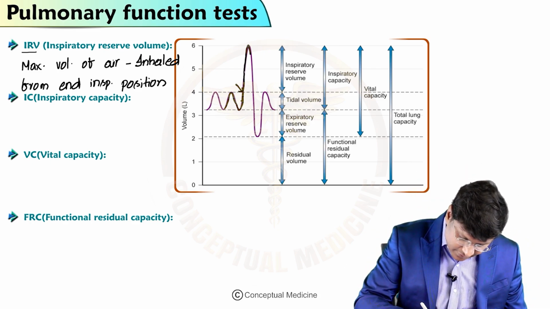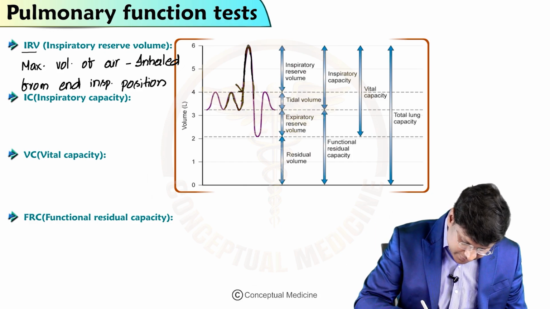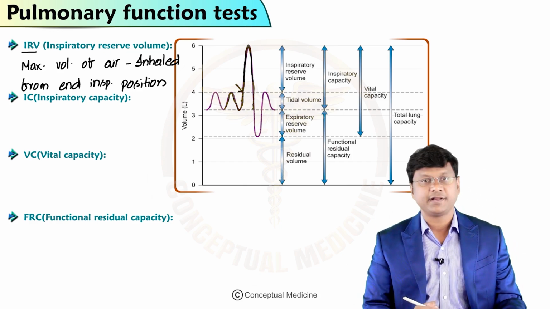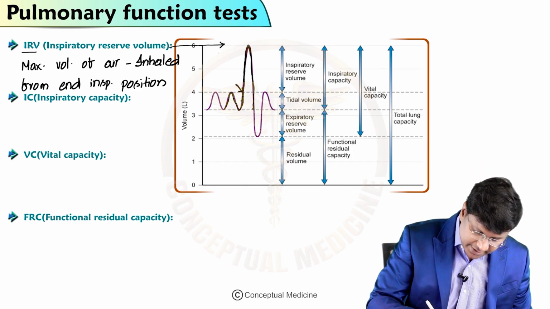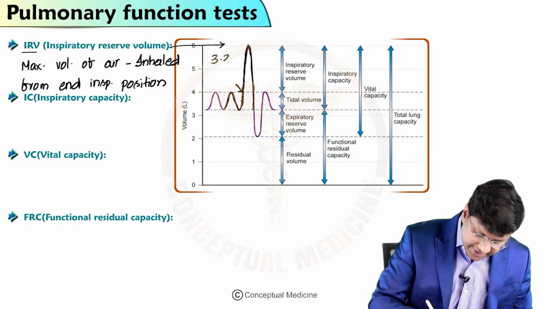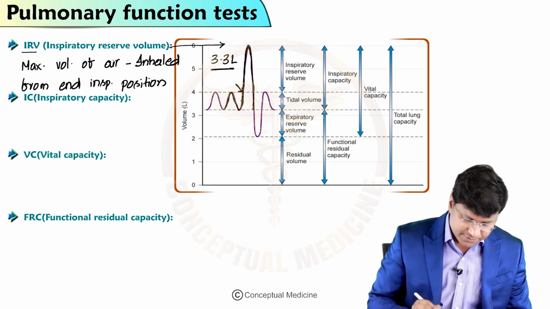So this entire thing will be your inspiratory reserve volume. And how much is the normal inspiratory reserve volume is also a very important multiple choice question. So the normal inspiratory reserve volume, it is around 3.3 liters.